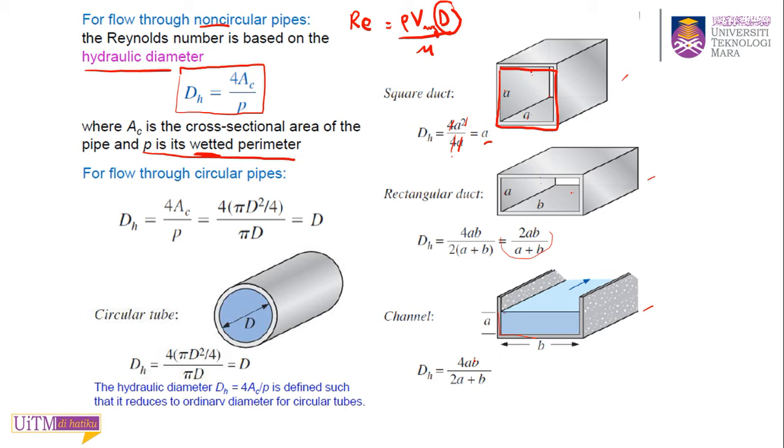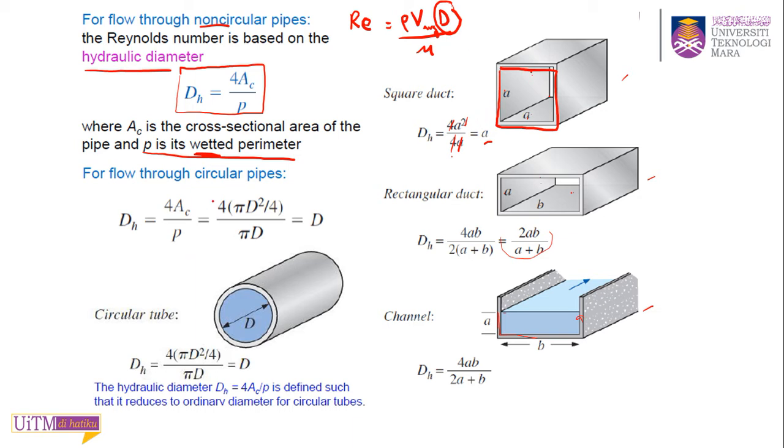A times B, so 4 times AB, divided by the wetted perimeter, which is A plus A and B, so 2A plus B. We don't take the top B anymore because this is an open channel, not a rectangular or square duct. So you get 2A plus B. This hydraulic diameter you can use in the Reynolds number equation to find whether the fluid flow is laminar or turbulent. So this is for non-circular pipes.